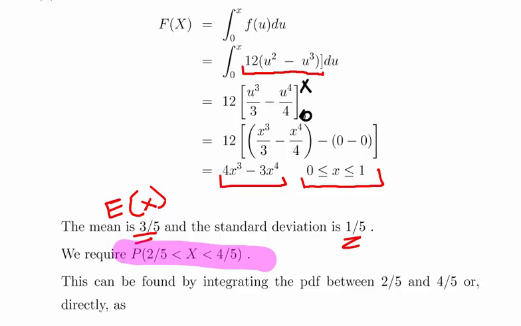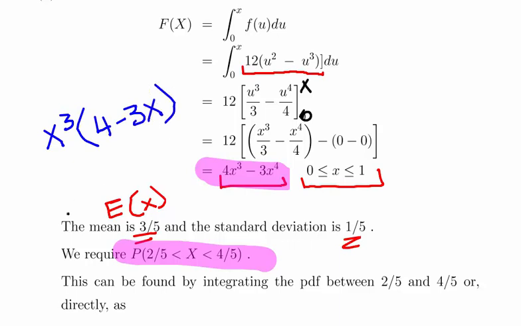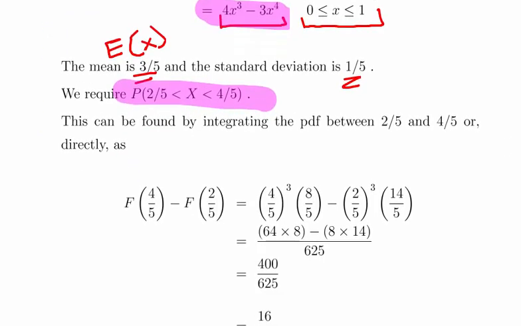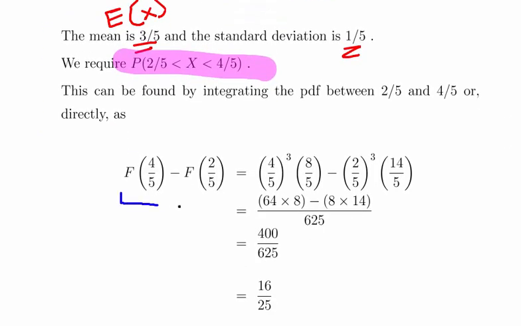So essentially what we have to do here is evaluate this expression. Let's just write it out the way I wrote it out there: x cubed times 4 minus 3x. Okay. It just makes the mental arithmetic a little bit easier, for me anyway. And so just to get the difference between the two. So this expression here can be written as that.